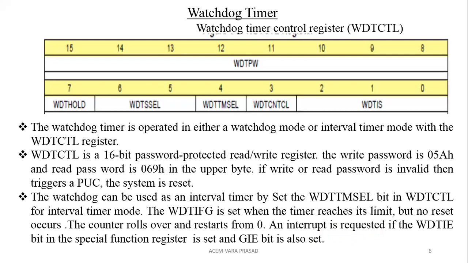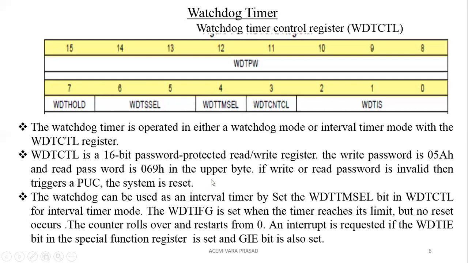This is selected by one bit, the fourth bit, that is watchdog timer mode selection. If this bit equals 1, automatically this watchdog timer will enter into interval timer mode.